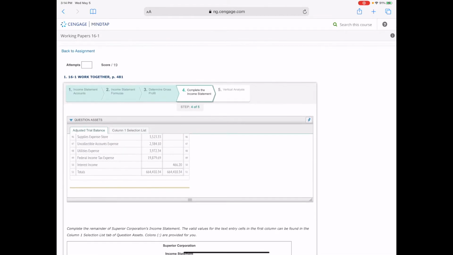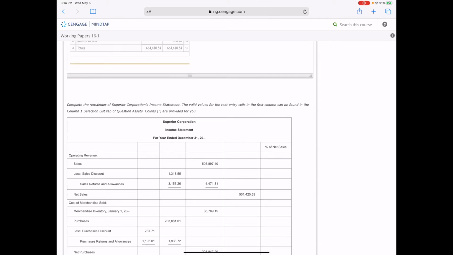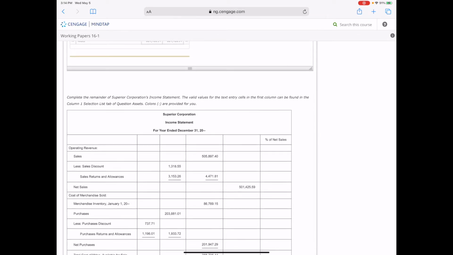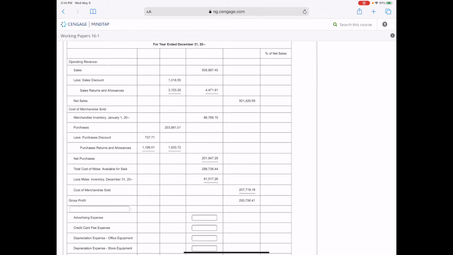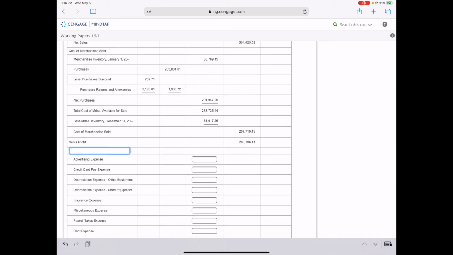All right, part 4 is to complete the income statement. In part 3, we just went to the gross profit section. So we're going to go through, and you can see that the part that's completed we've already worked on. So after the gross profit section, we're going to work with the operating expenses.